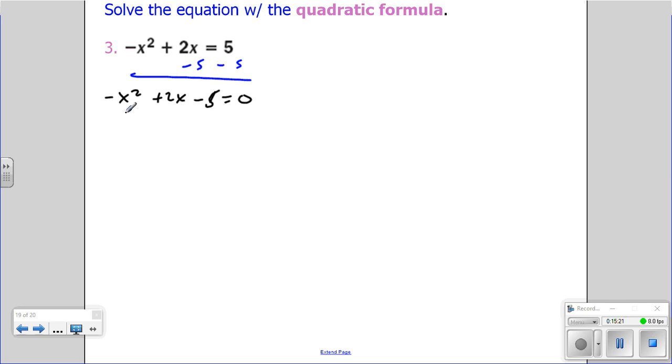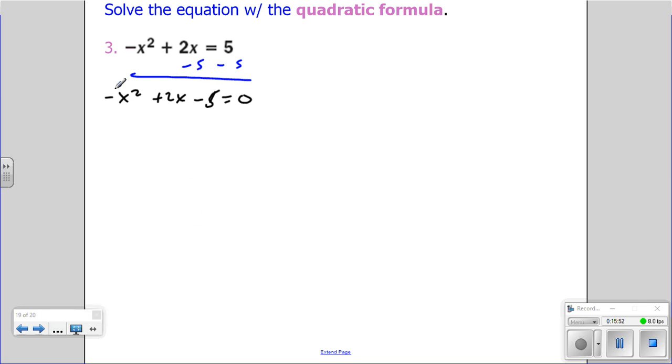Also, what you'll notice is my leading term is negative. That is perfectly fine with the quadratic formula. If you don't like it, you're welcome to have added x squared and subtracted 2x to the other side. That is okay as well if you don't like the leading term to be negative. But the quadratic formula can handle negatives, so I'll show you how it would behave if it stayed.